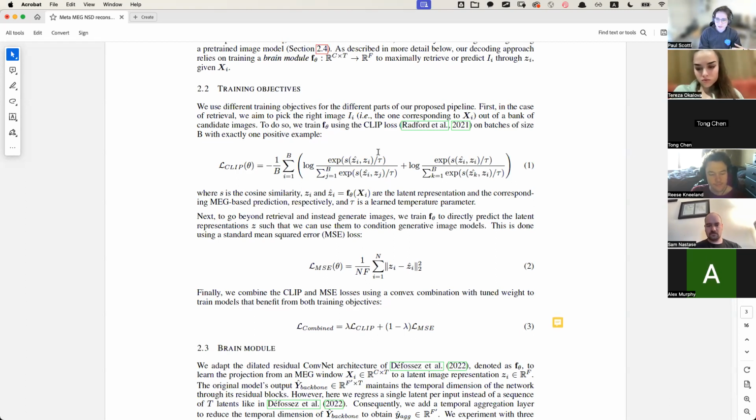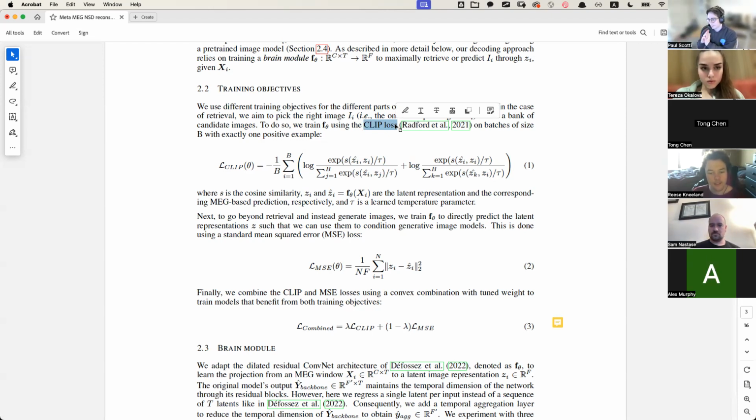Basically, you get the brain signal through a model that gets to the dimensionality of some model space, like CLIP latent, and you can do a CLIP loss to align the two representations. So you take the embeddings from, say, a CLIP model or DINO model or ViT, whatever.